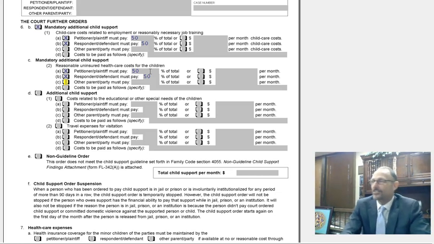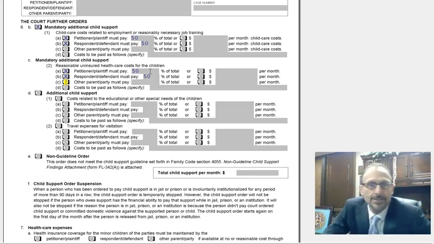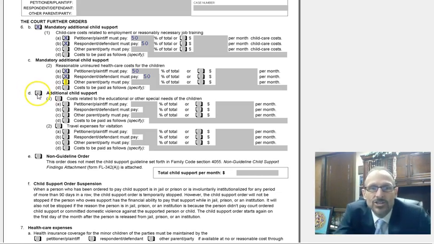Anything that's not covered by insurance that is a medical cost of some kind. Okay, again, almost invariably split 50-50. Additional child support, costs related to education or other special needs of the children. If there are some, you can split it 50-50. If there's private schooling and you're agreeing to split it 50-50, you can do that here.